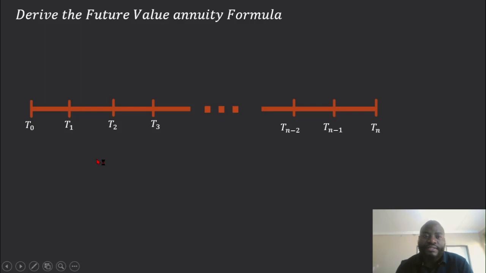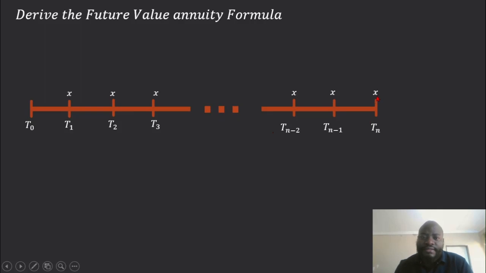In this case, we'll say the person is depositing X every month or every year, whatever it could be. So each period, there is a payment of X that has been made. And all these payments, we want to know what their value is at the end of the n periods. Now, I want you to notice something.